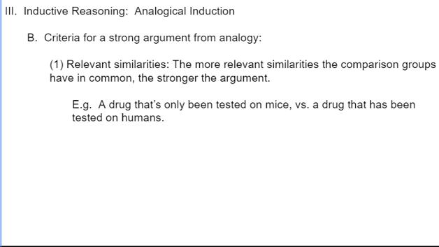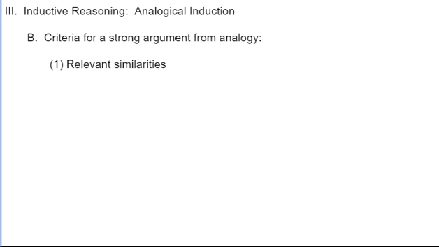Not quite as certain. Not entirely certain either way, but it's a much better chance that the drug will work if it's already been proven to work on human beings rather than just on mice. Okay. I mean, we could look at other examples, but I'd like to try to get done, so maybe it'll become clear with this one.